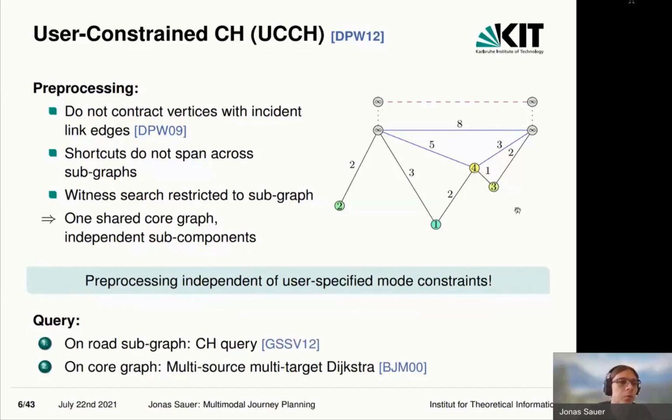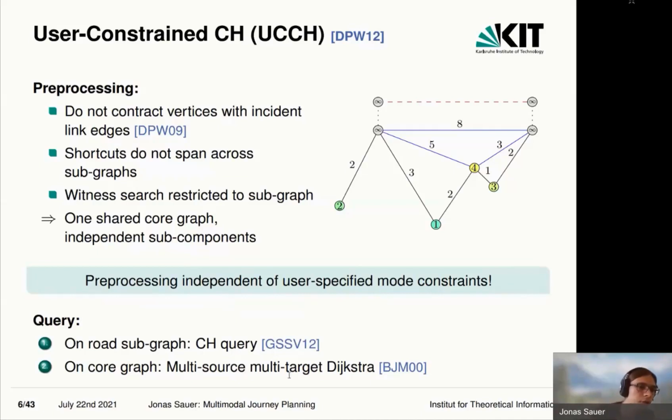And now what we can do is to perform a query. We start on the road subgraph and perform a CH query until we reach the common core. And then in the core graph, we run a Dijkstra search, which is necessarily a multi-source, multi-target search, because of course the upward searches will hit the core at multiple different points.